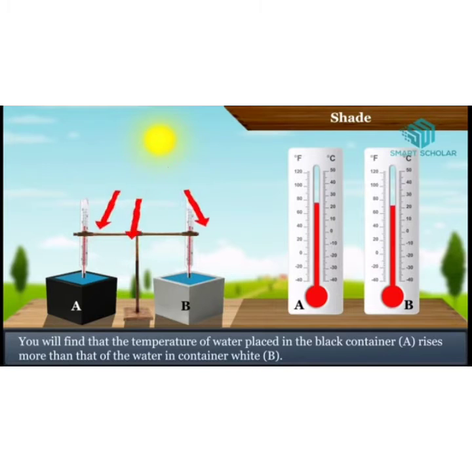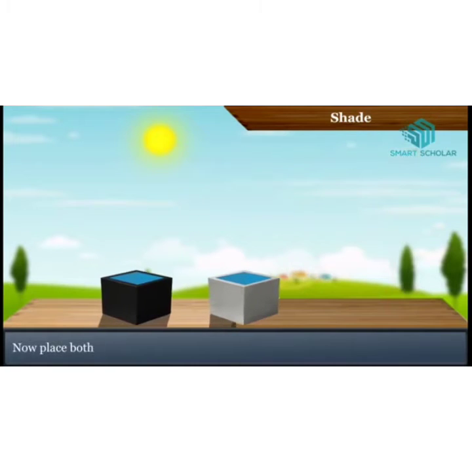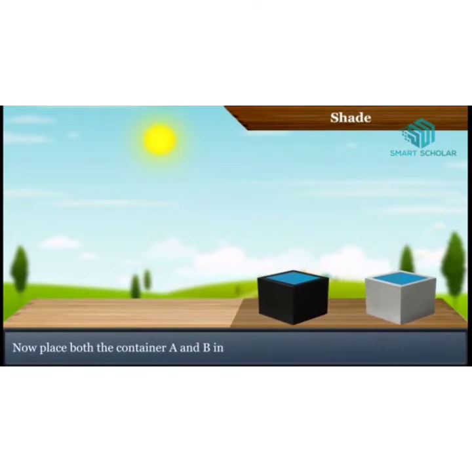You will find that the temperature of water placed in the black container rises more than that of the water in the white container. This happens because a black object absorbs more radiant heat than a white object. Now place both the containers A and B in the shade.